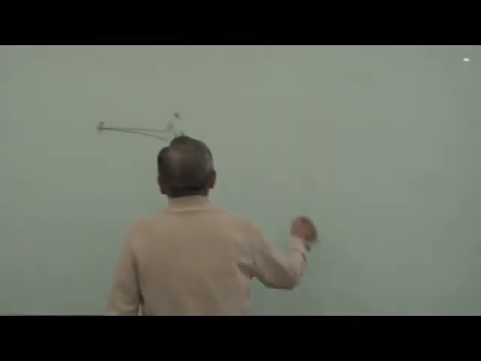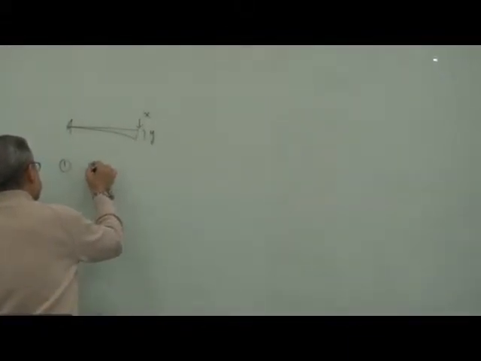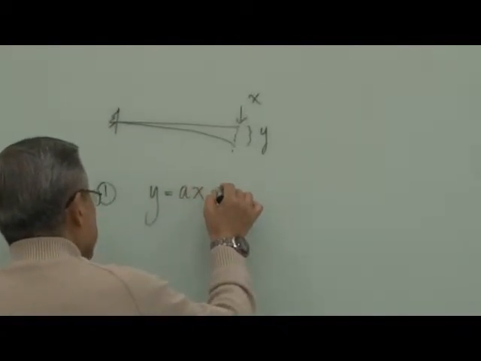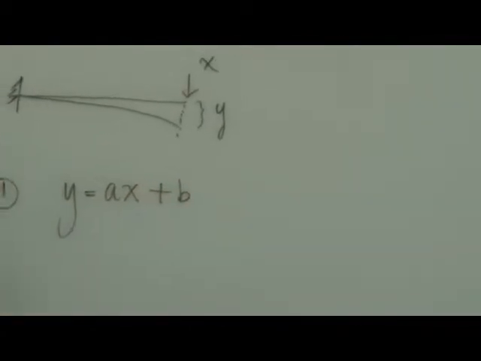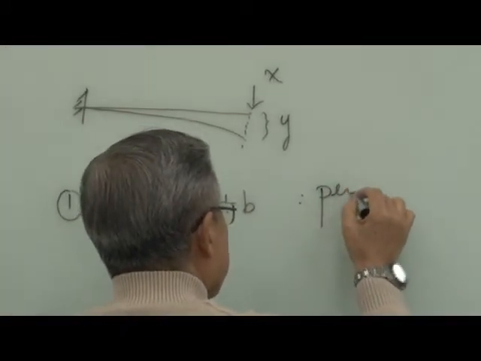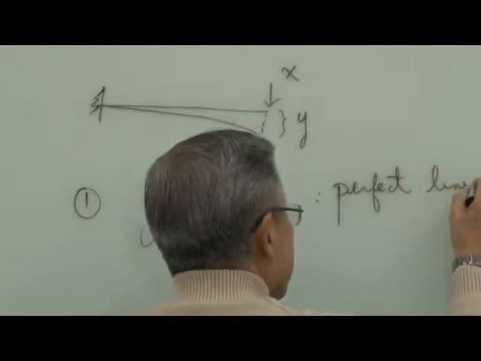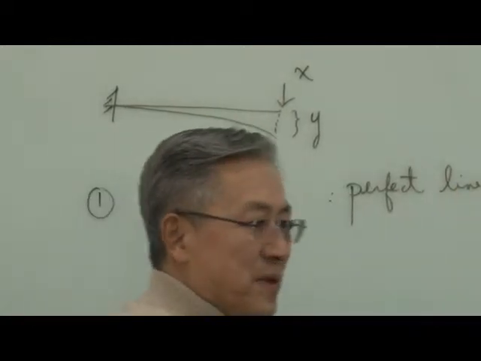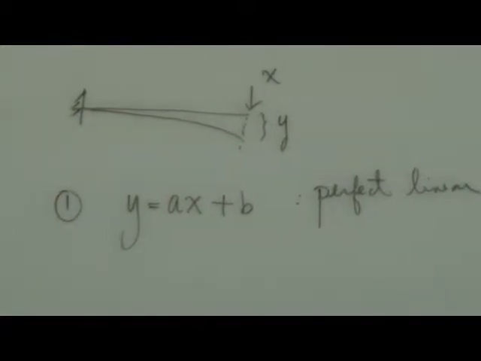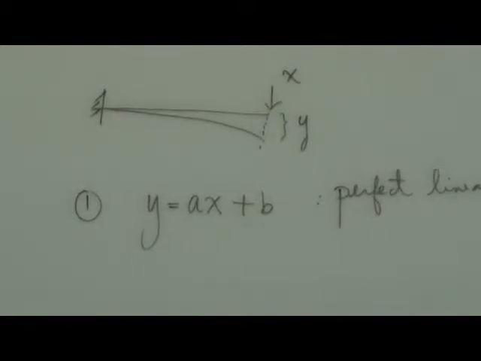In this case, the first one is Y is equal to AX plus B. So this is a perfect linear relation. The reason I'm writing it out, even if it's there, what I feel is I can just go through it in 10 minutes, everything, and then I can finish, okay?